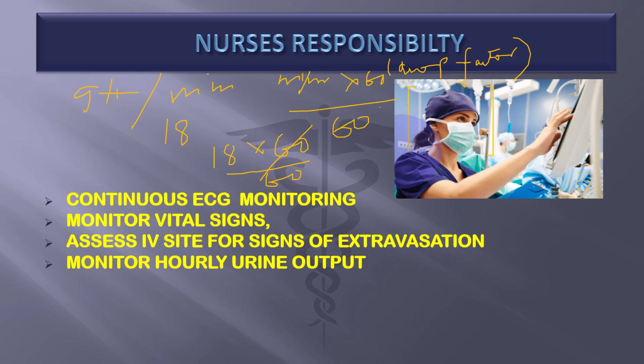Monitor vital signs, especially look out for your blood pressure. Check IV sites for signs of extravasation, because as I told you, it is a drug which has the potential for extravasation or tissue damage if it leaks. And monitor your hourly urine output whenever you are giving dopamine. That's all.